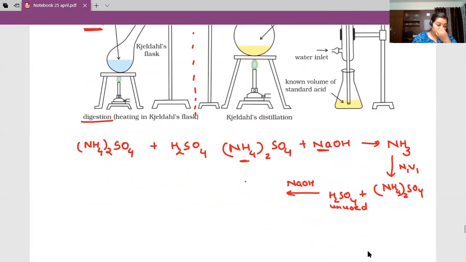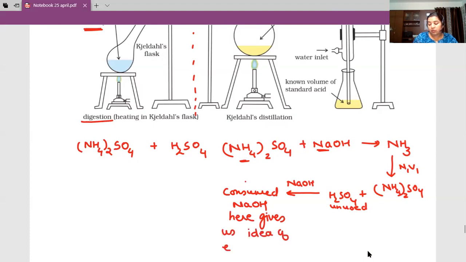The amount of NaOH consumed here, how much was consumed, that will give me an idea of the unused H2SO4. The NaOH consumed here gives us an idea of the excess H2SO4.